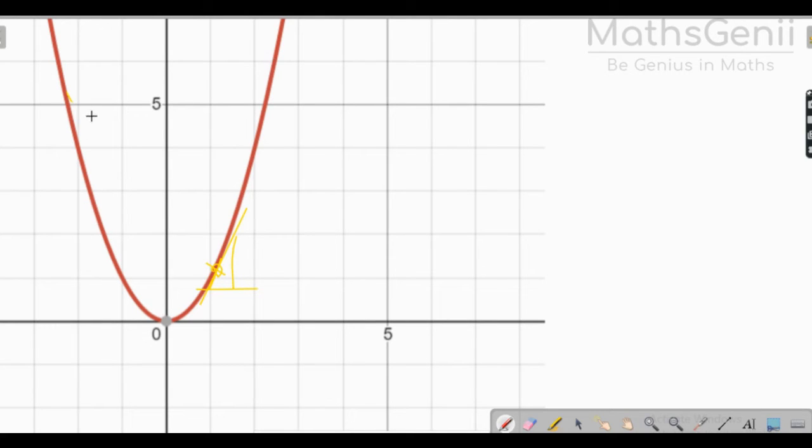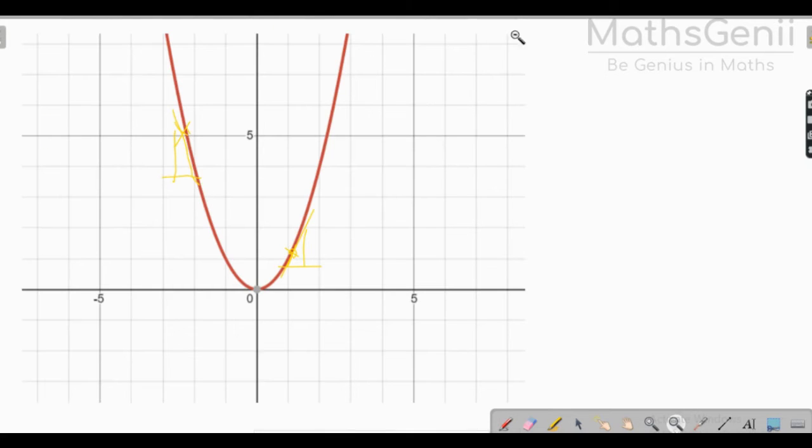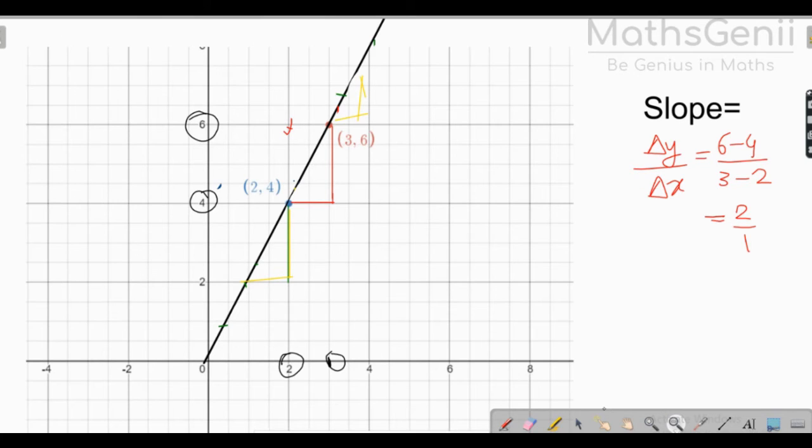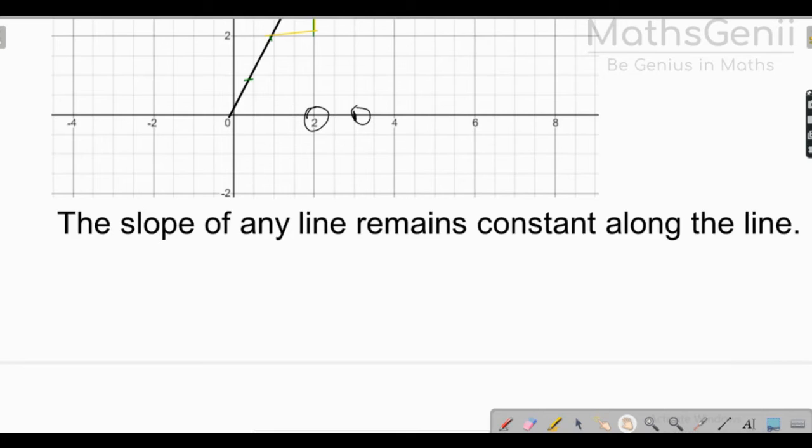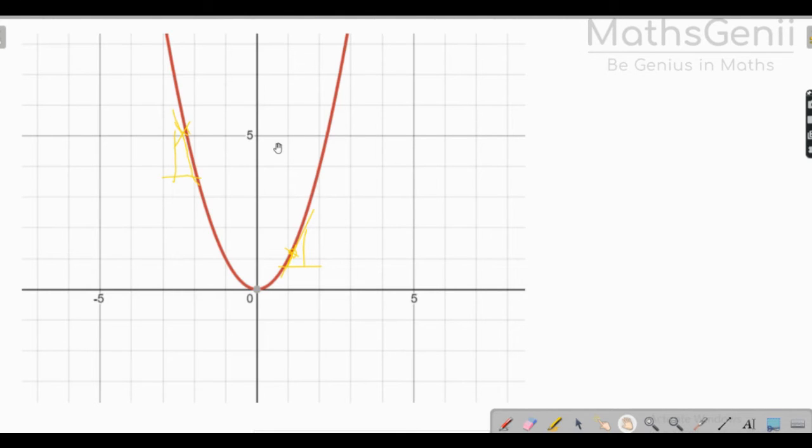Again, if you want to find a slope somewhere here, you'll have to first draw a tangent, then x component, then y component. So for the entire curve, the slope does not remain the same. For a line, what was the statement? The slope of a line remains constant along the line. But is it the case for a curve? No.